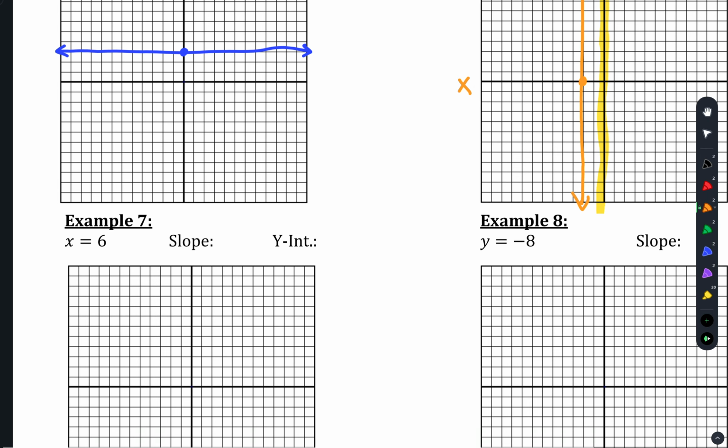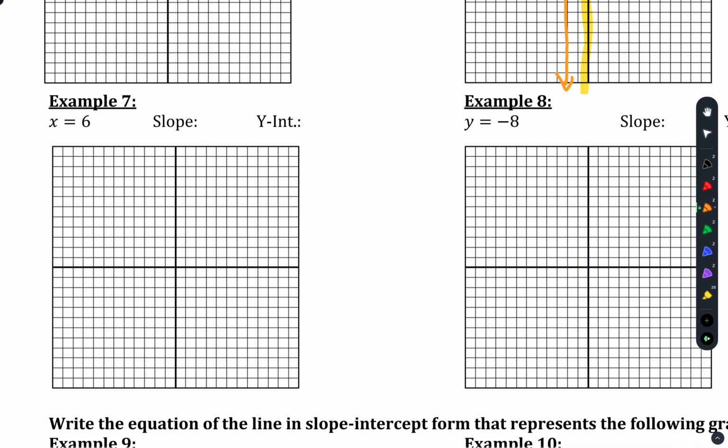Two more, and then I have something else. Vertical or horizontal? So I look at my x-axis, I look for where 6 is, and I'm going to draw a vertical line through that point. Slope? And y-intercept?